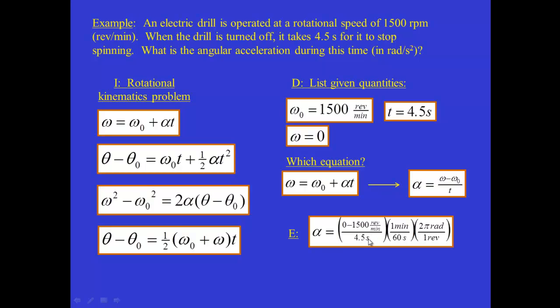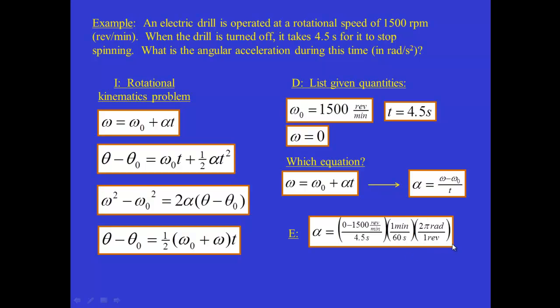But if we stopped at that point, then we would not have a standard unit. We'd have a mixture of minutes and seconds. So we don't want that. So the conversion factor, I'd like to get rid of minutes and get my answer in terms of seconds, or actually seconds squared here. So the conversion factor I need is 1 minute per 60 seconds, because then the minutes will cancel. And then I also need to convert revolutions to radians.